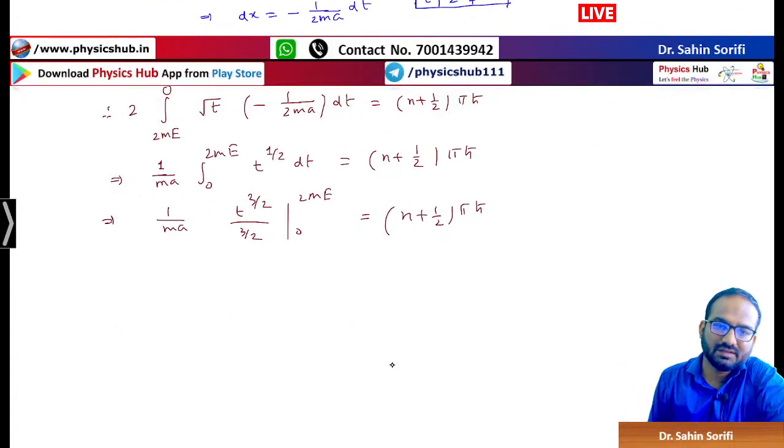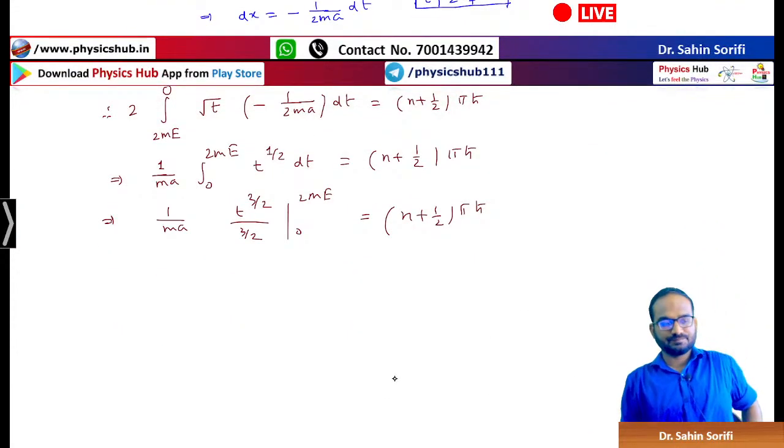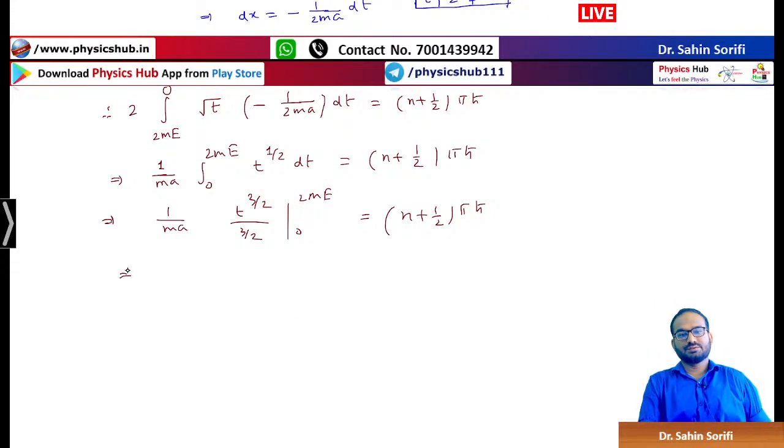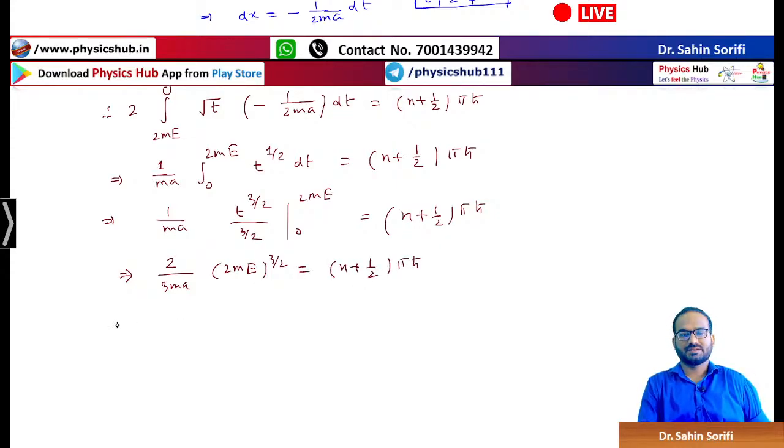Going along with the calculation, this is equal to 2 by thrice m a, twice m E to the power 3 by 2, equals n plus half pi h cut.